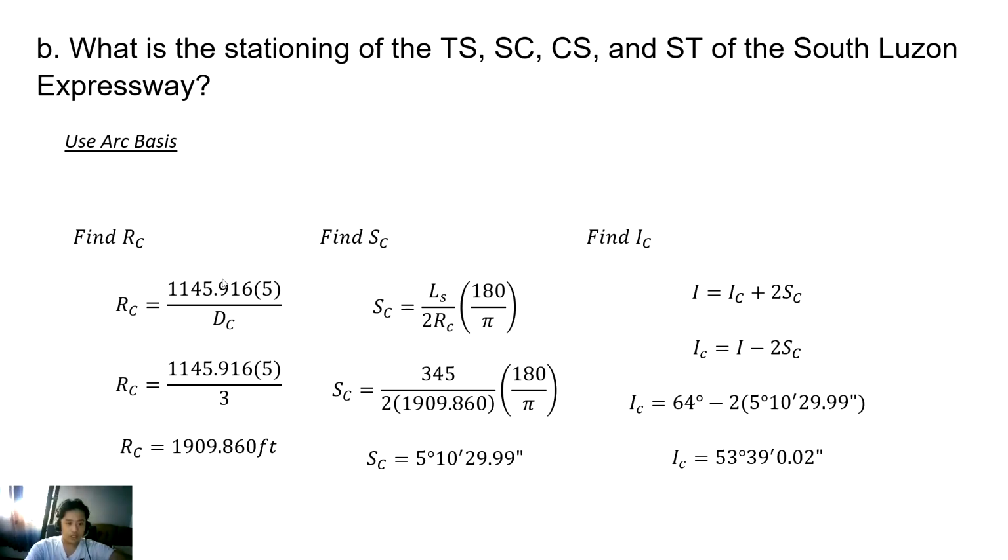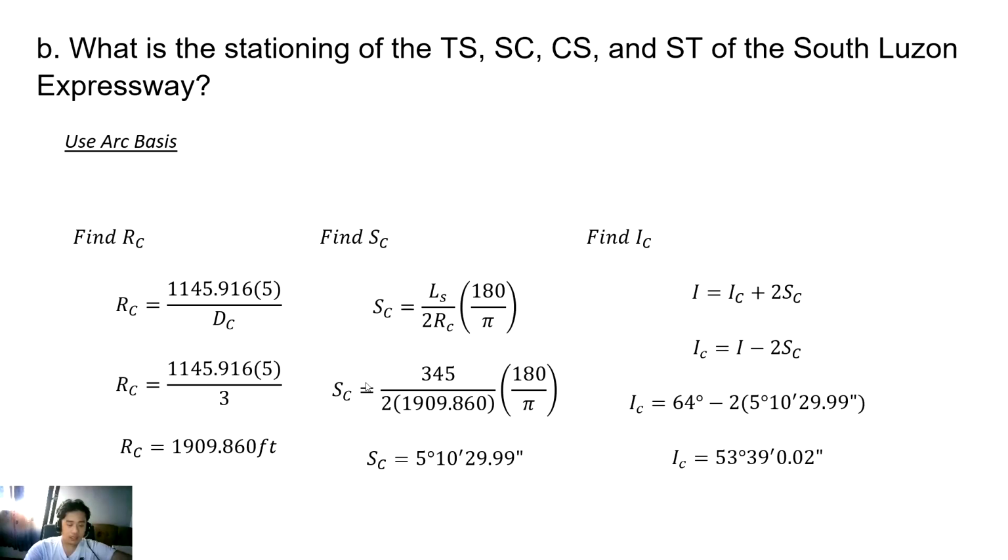So, 1,145.916 times sa 5 over DC, which is yung D natin ay 3. So, makukuha natin RC ay 1,909.860 feet. Then, find SC. So, ang SC natin, gagamit tayo ng LS over 2RC times 180 over pi.